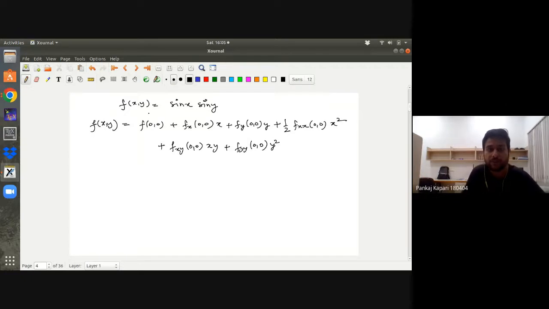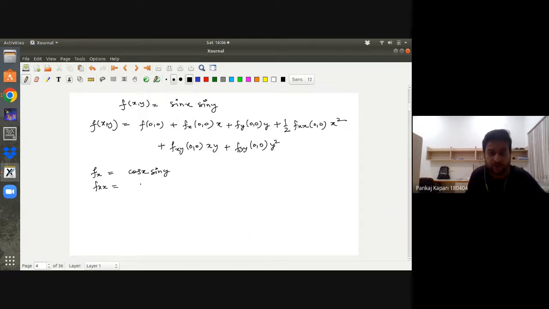So for this given function sin x into sin y, we have to find all these partial derivatives at origin. Let's see what our partial derivative with respect to x is. What is f_x? It is cos x into sin y. Why? Because we are differentiating the function with respect to x, so sin y is treated as a constant. Again, what is f_xx?